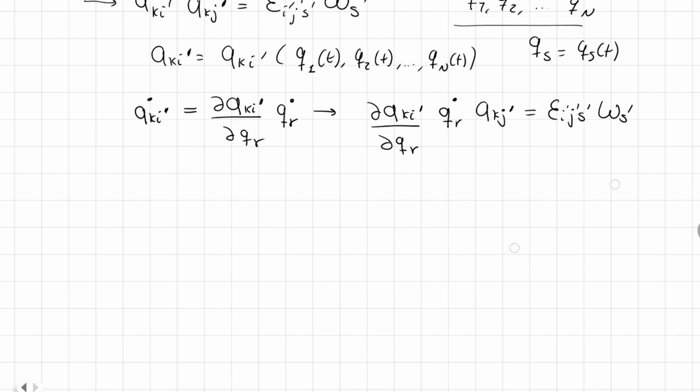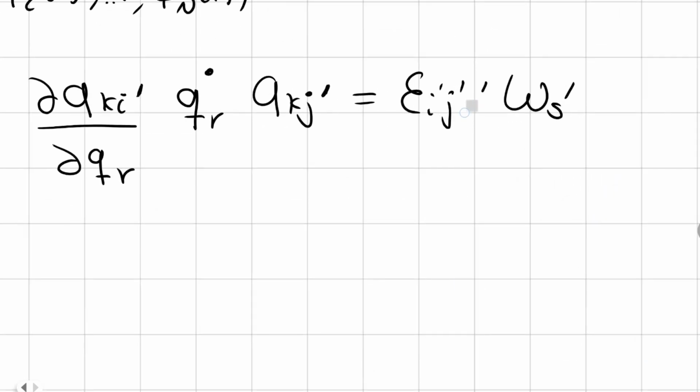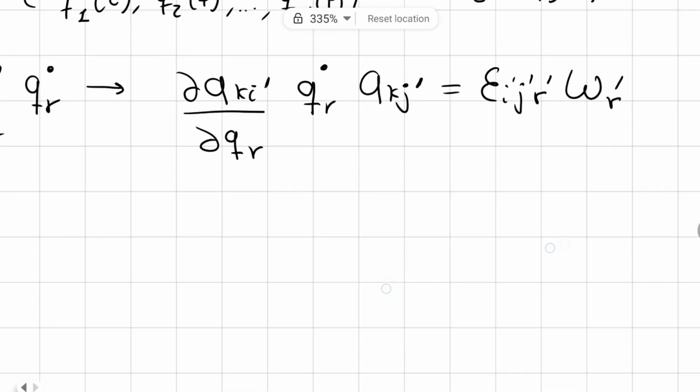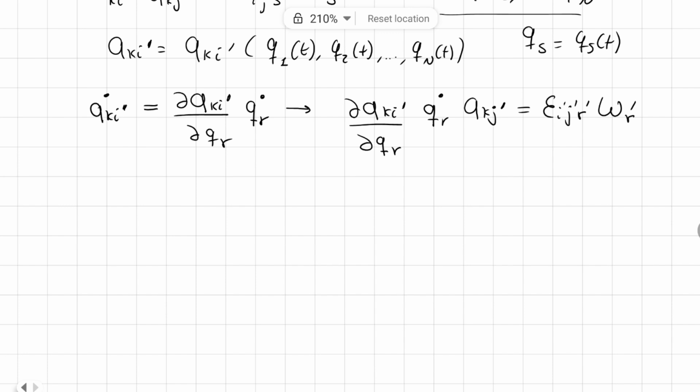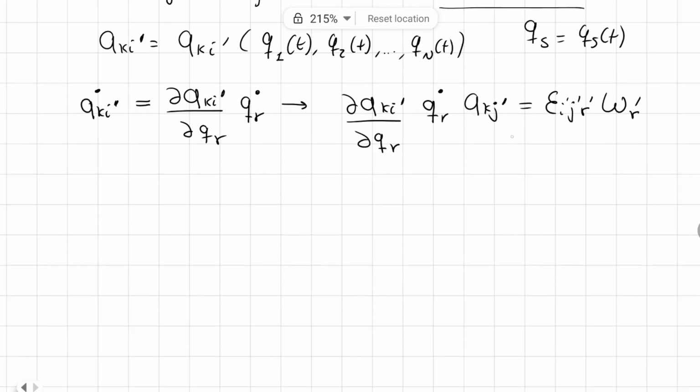Okay, so what we are going to do first is to switch this s for an r, like this. And then we are going to multiply this whole expression by the Levi-Civita symbol with the indices ijs.